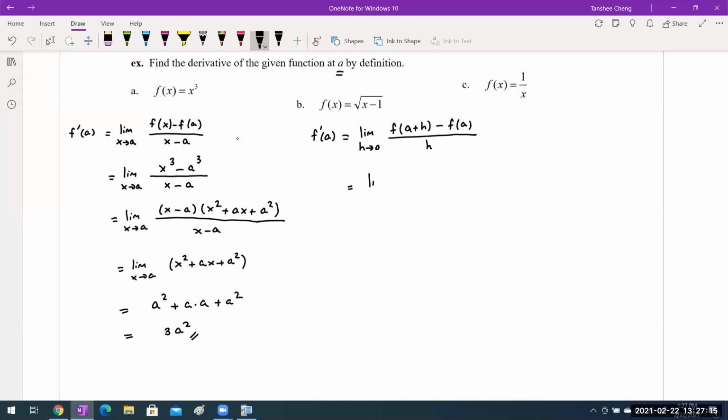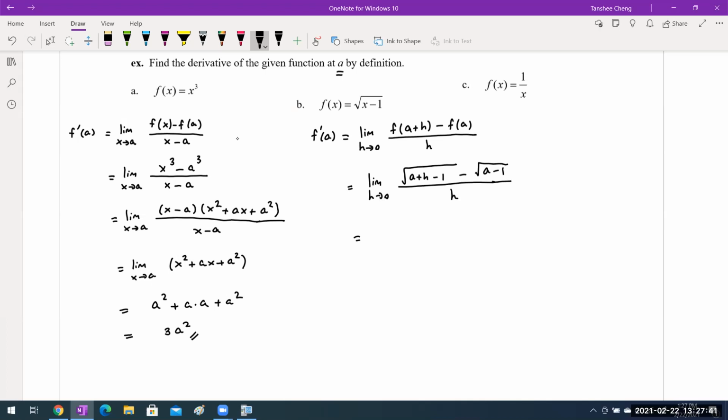So now, when I substitute it, it's the limit as h approaches 0 of the square root of a plus h minus 1 minus the square root of a minus 1, over h. So this is a radical function that we saw before in simplifying limits.